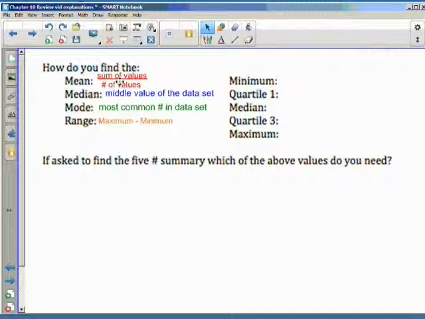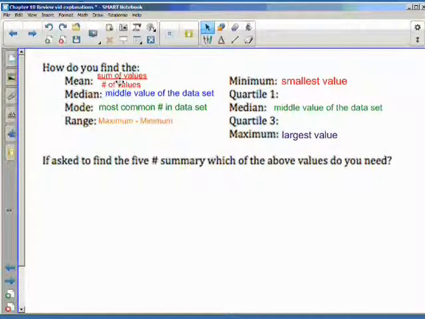To talk about max and min, we can look at something called the 5-number summary. The 5 numbers include the minimum and the maximum, smallest and largest values. From there, typically when we're doing the 5-number summary, we find the middle, the median, which was already discussed, and then quartiles.